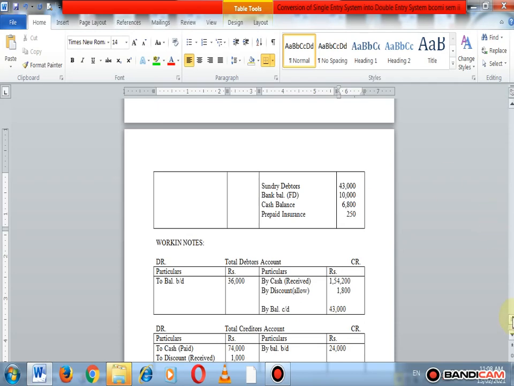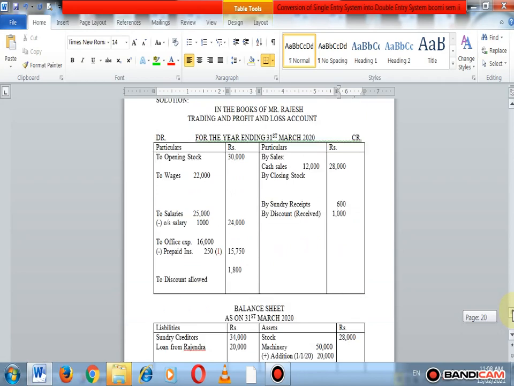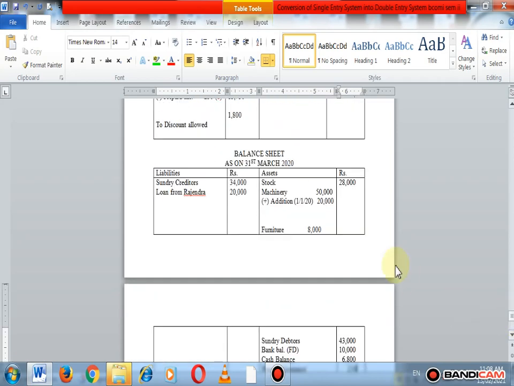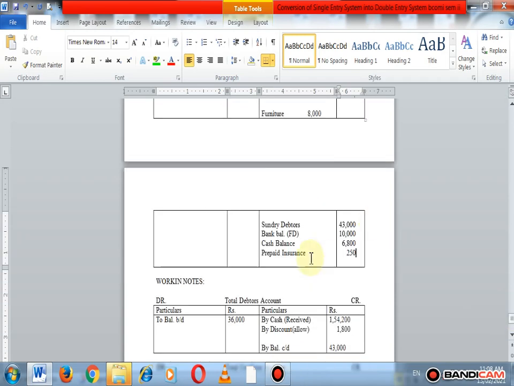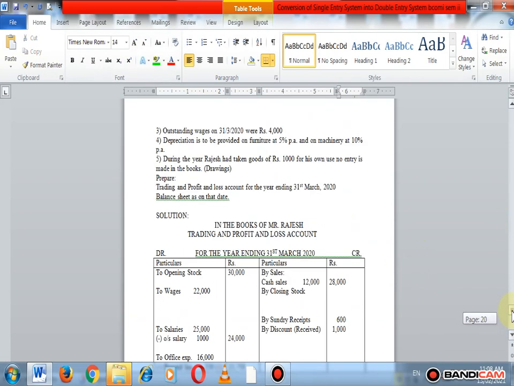Got it? Yes sir, got it. So first effect on profit and loss account, deduct from office expenses, and second effect is on the asset side of closing balance sheet.